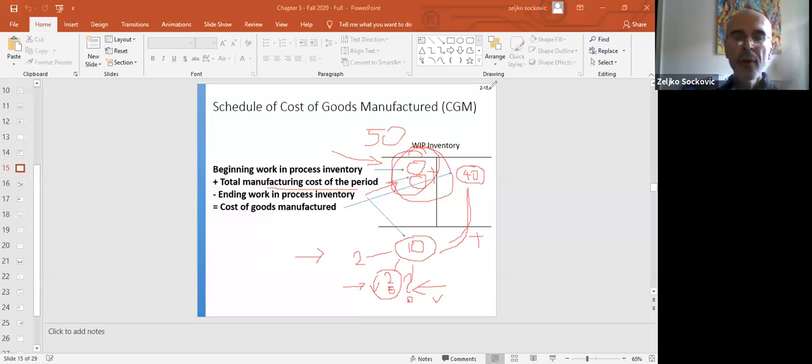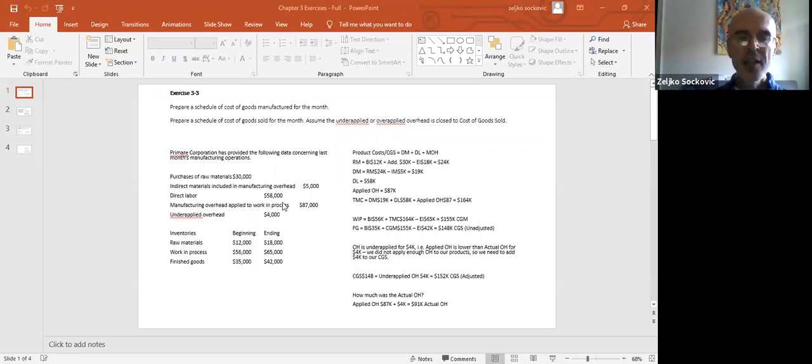What are my exercises here? I don't see my exercises. Okay, so let's look at chapter 3 exercises. We covered it last time. So manufacturing applied to working process.